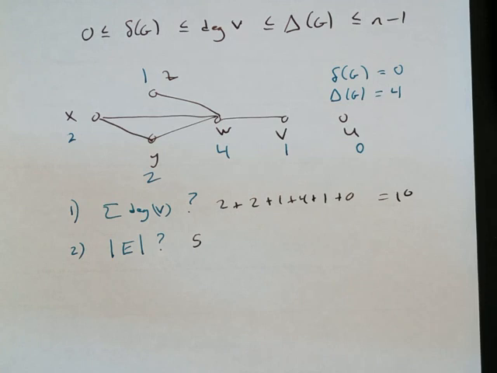The number of edges is half the total degrees. Or the total of all the degrees is exactly double the number of edges.